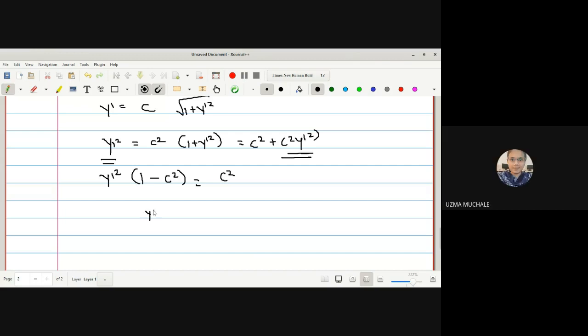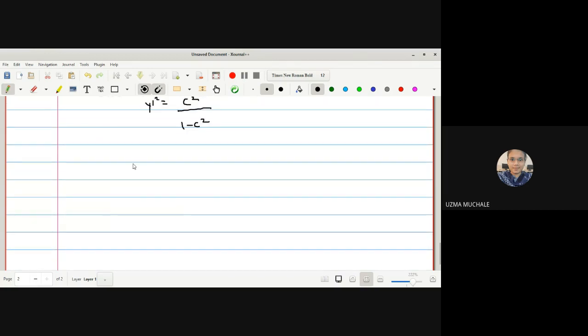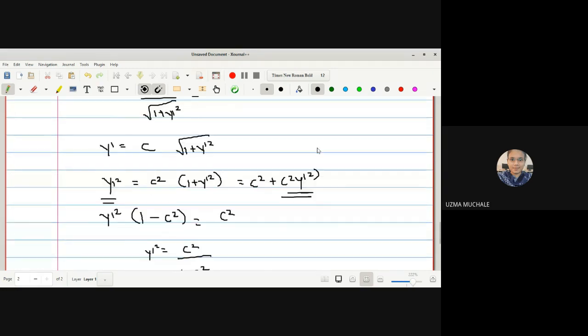Okay, so I get y' square is equal to c square upon 1 minus c square. So in this way we get y' equal to under root of c square upon 1 minus c square, which is c upon under root of 1 minus c square, correct? What is c? c is a constant of integration we have written here, no?